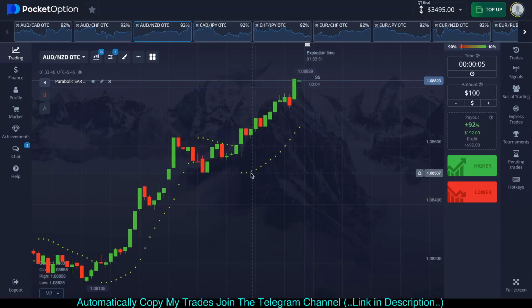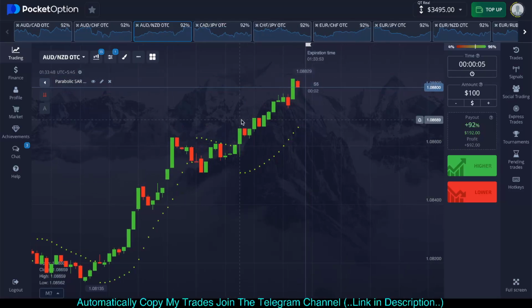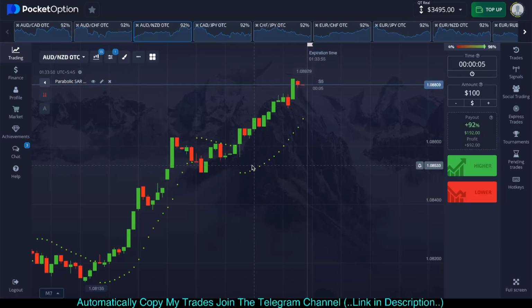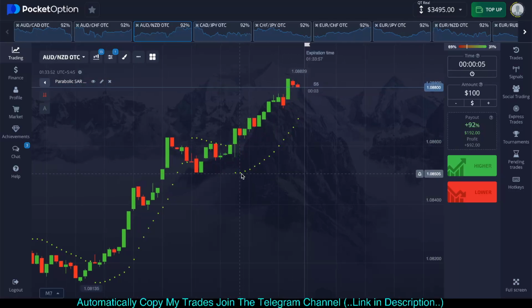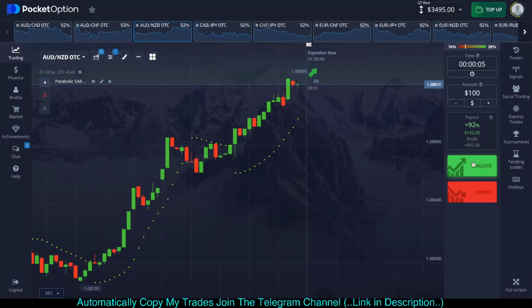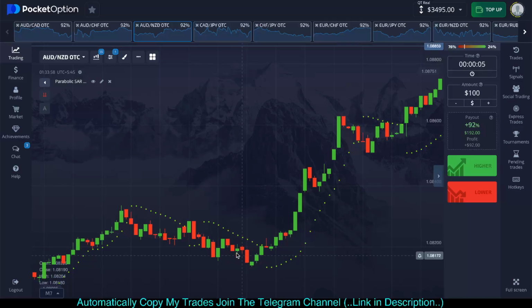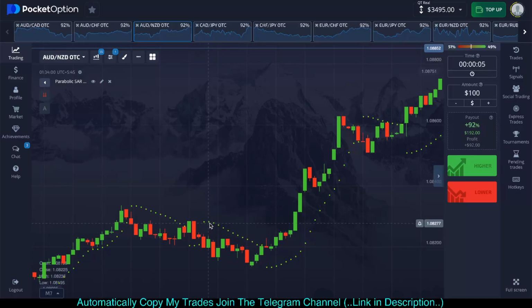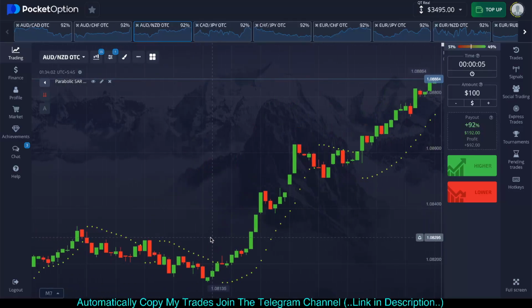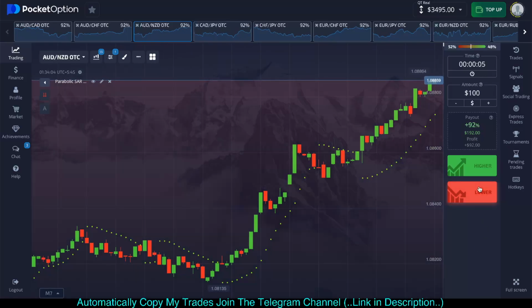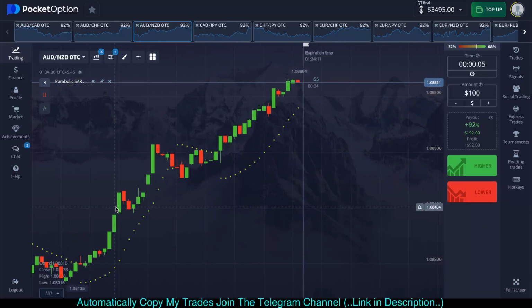Like if it is forming below the candles, and it is an uptrend and the second parabolic SAR dot is formed, then we make a trade by clicking on higher. And if the market is going down, and the parabolic SAR is forming above the candles, and we see the second dot, we make a trade by clicking on lower. This strategy is as simple as this.